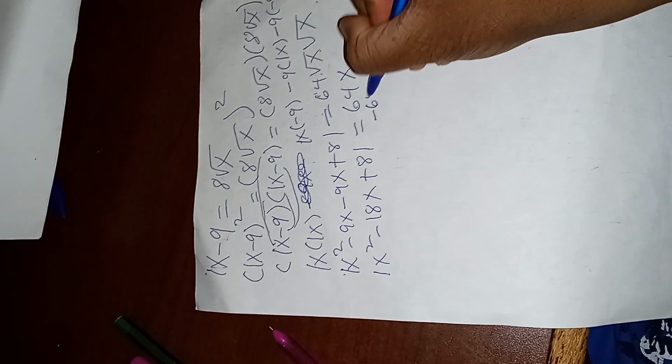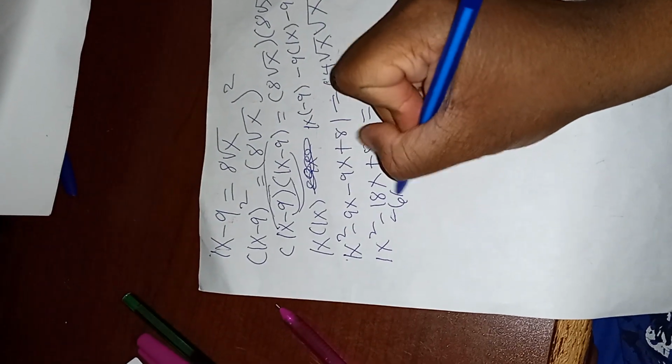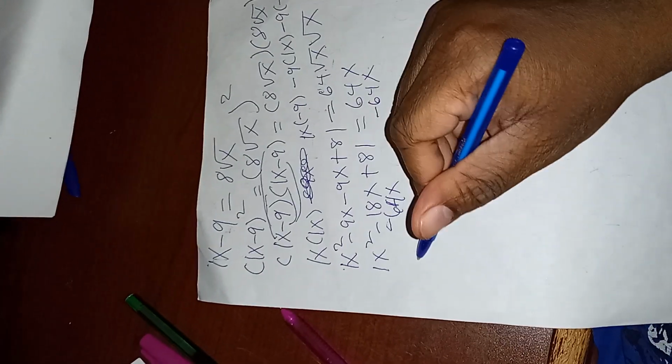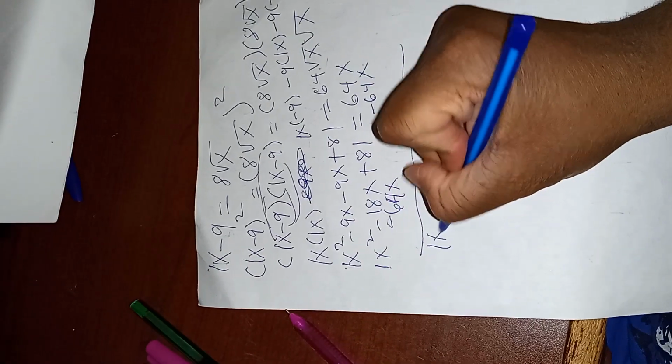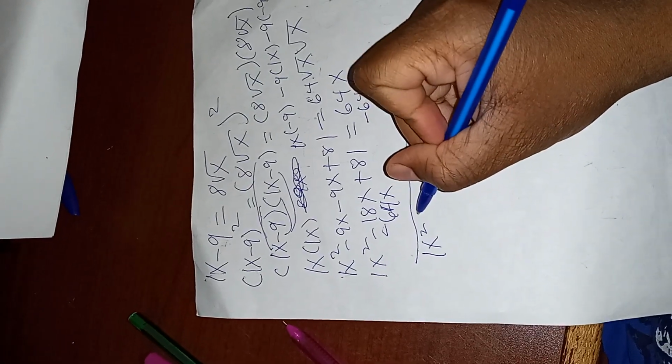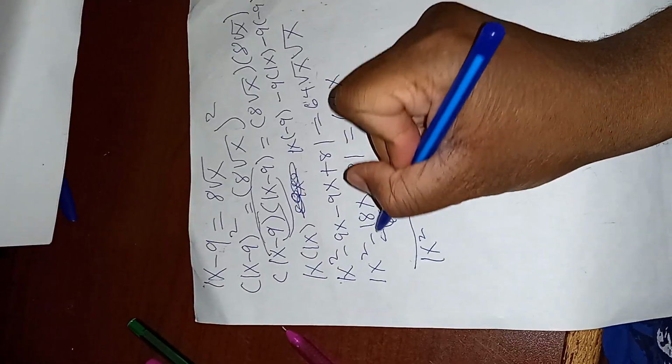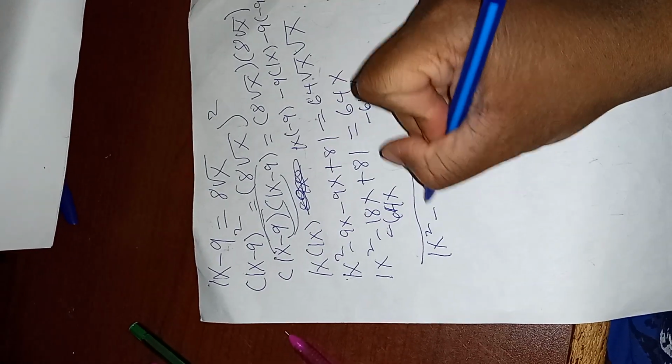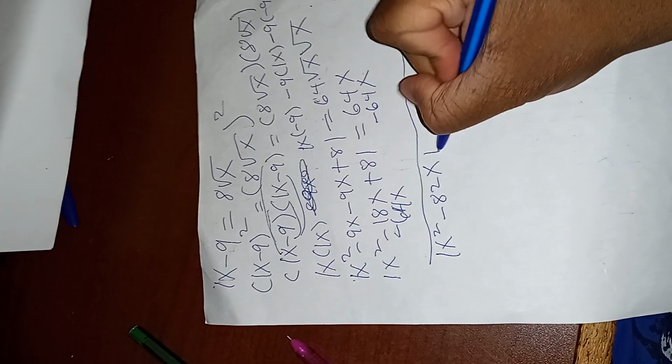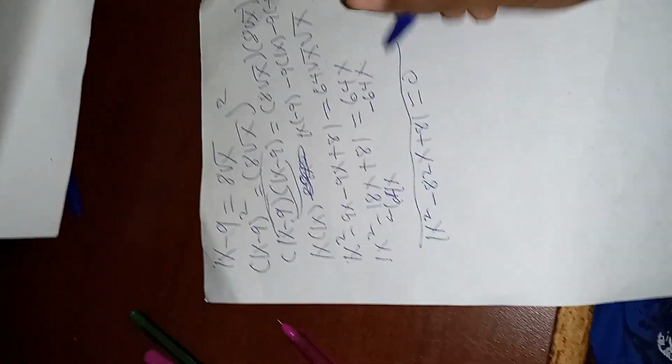And then subtract 64x from both sides. So 1x squared, negative 18 minus 64 will yield minus 82x plus 81 is equal to 0.